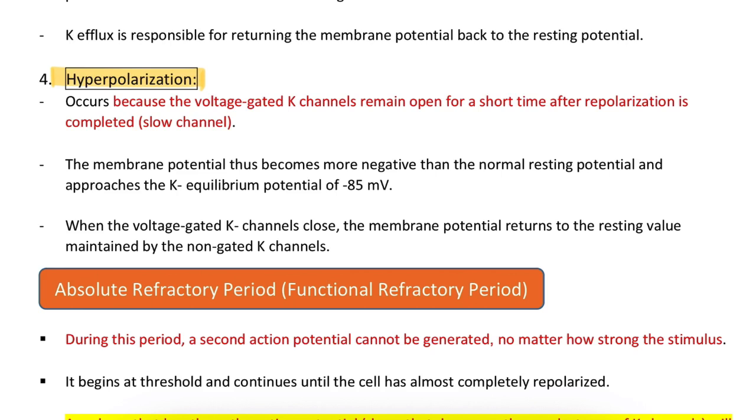Clinically it is important when using local anesthetics like lidocaine or bupivacaine, which block the voltage gated sodium channels. This prevents depolarization and thus blocks nerve conduction. It is used in nerve blocks and dental procedures. Next, hyperkalemia and hypokalemia patients.